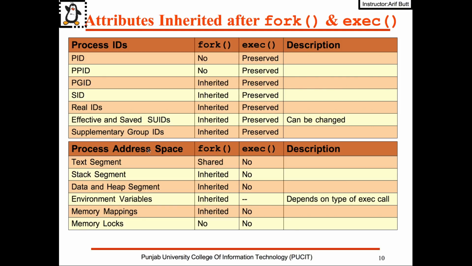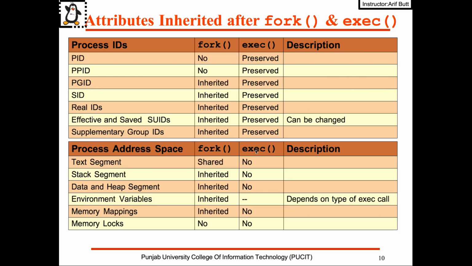Similarly, if we talk about the process address space after a fork, the text code section is shared after the fork among the child and the parent process. However, the stack, data, heap, environment, and all the memory mappings, they all are inherited after a fork, inherited from the parent to the child process. And after the child process does an exec, nothing is inherited.